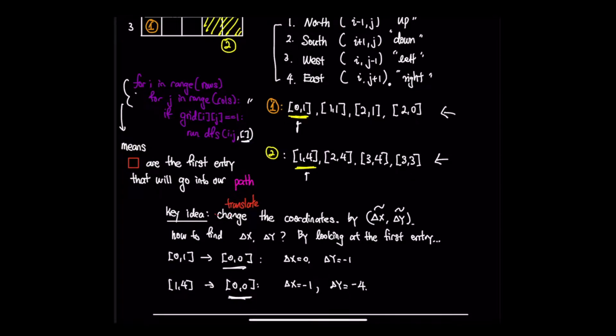Let's do this. For 0, 1, when we want to translate that to 0, 0, our delta x will be 0 and our delta y will be -1. From 1, 4 to 0, 0, our delta x will be -1 and delta y will be -4. So we apply that to the rest of the coordinates.